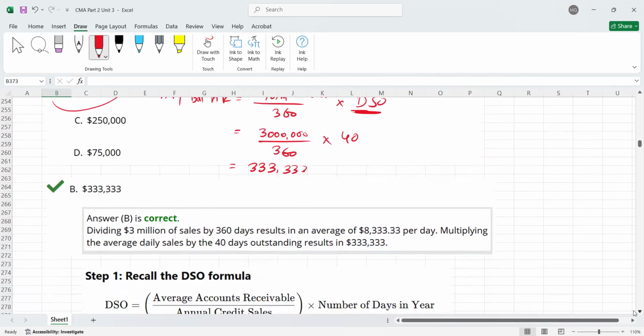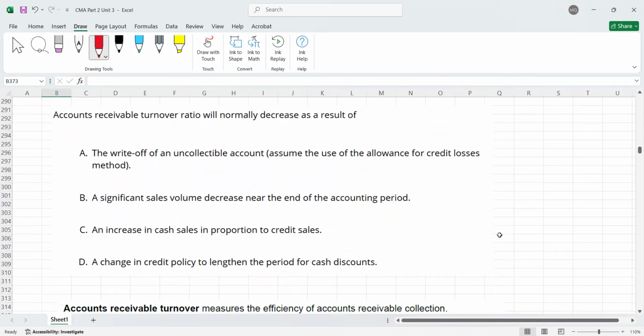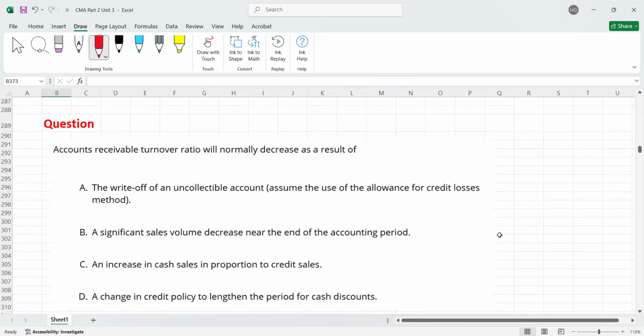Now we got another question. This question will test your concept. It's a bit of a tricky question, even though it's theory, but it's really important. The question is: the account receivables turnover ratio will normally decrease. You know the turnover ratio was calculated as net credit sales divided by average account receivables.